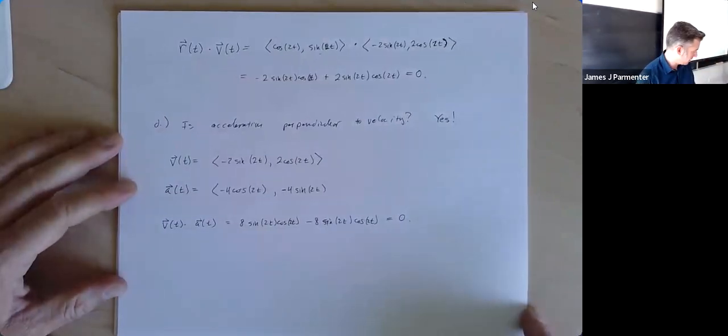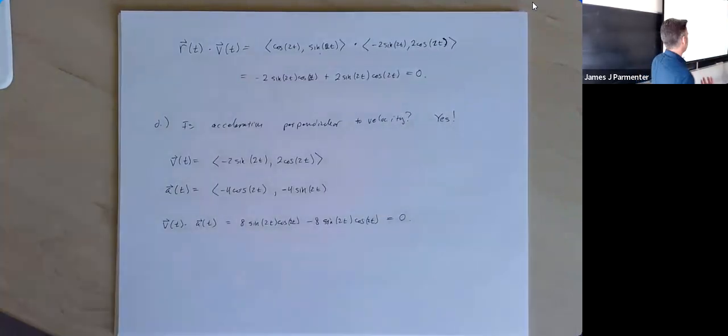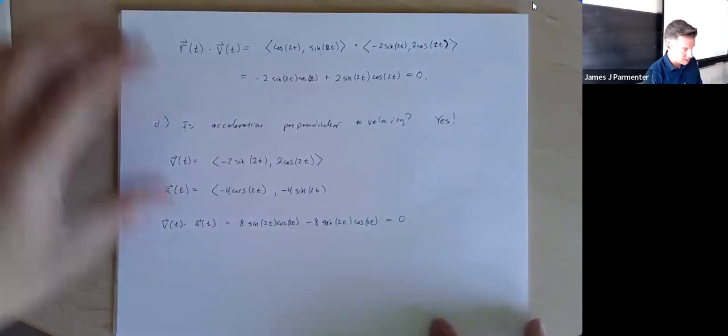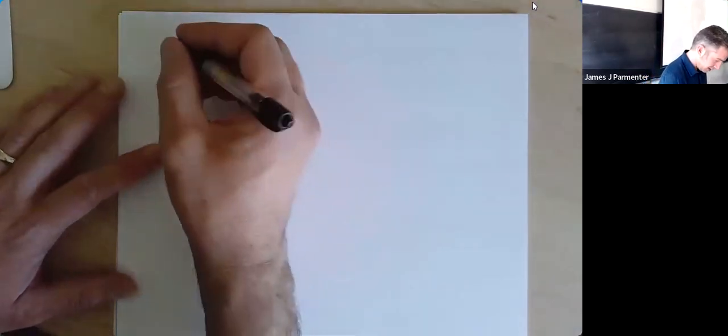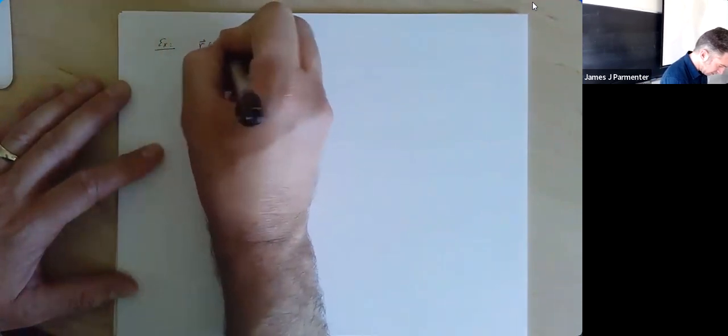So let's look at a more interesting example, but still a circle. I know the circles get to be a little bit boring, but they're worth exploring because they're easy to look at. So let's look at a slightly different example, which you would maybe think would be the same. It's going to be a little bit different. So let's say we have now this vector valued function, this position function.